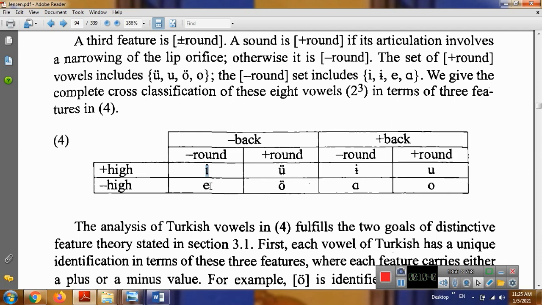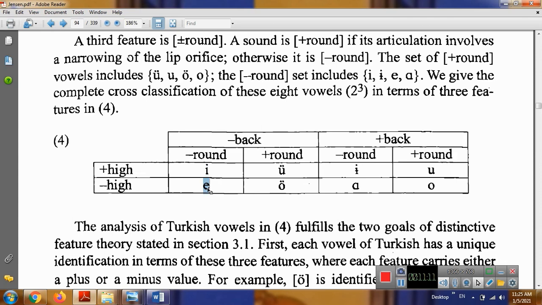For example, this vowel a has more shared features with e than u does. Both of them are minus round, minus back. They are the same according to this feature. Therefore, for the vowel of the suffix, we choose the vowel which has more shared features with the vowel of the root.